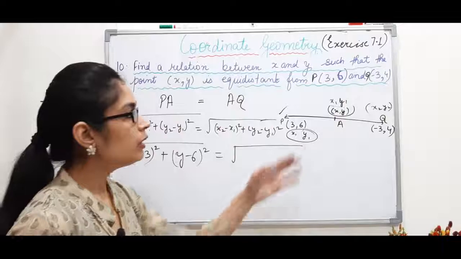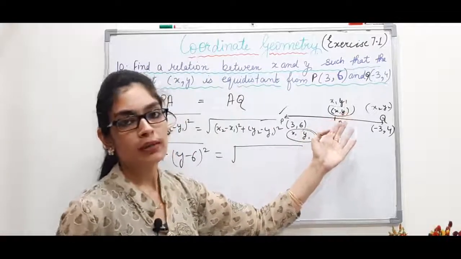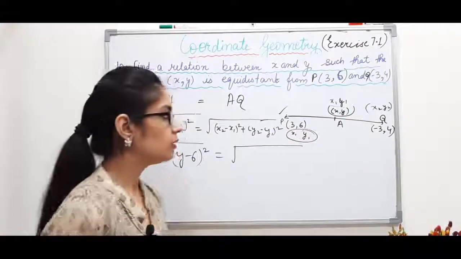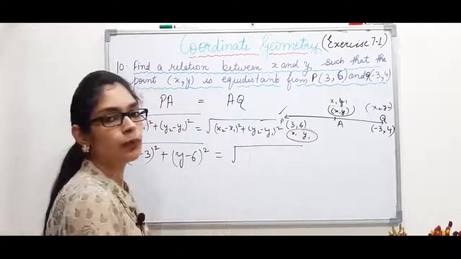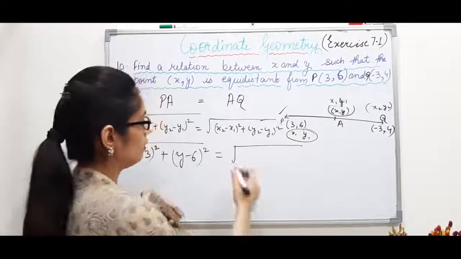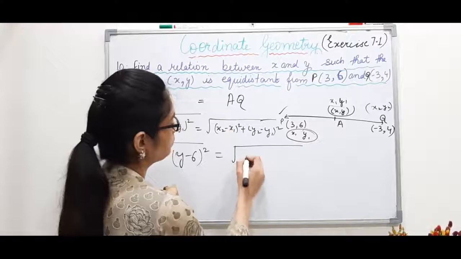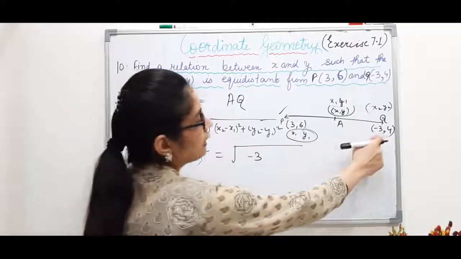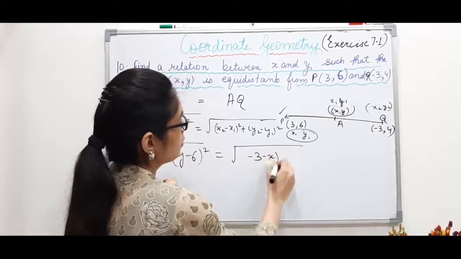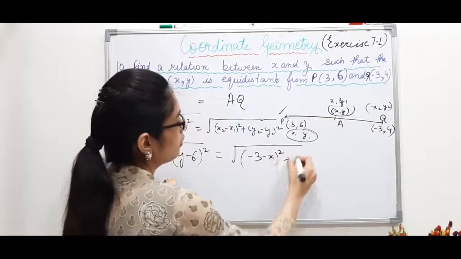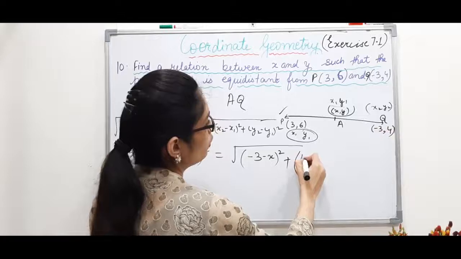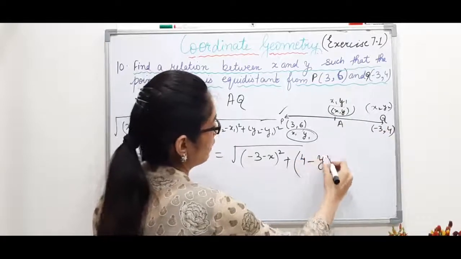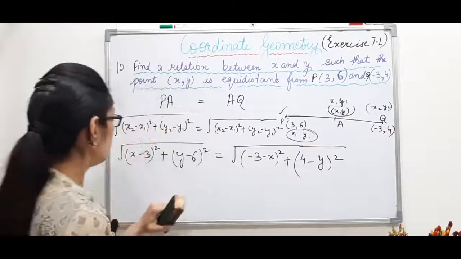You can name them the other way also, it won't make any difference. Any point you can name x1 or x2, you will get the same answer. So x2 here is minus 3, minus x, plus y2 is 4 minus y1 which is y, whole square.